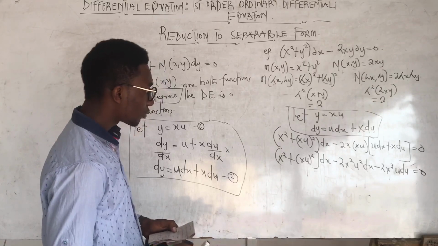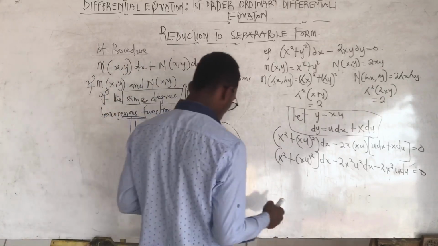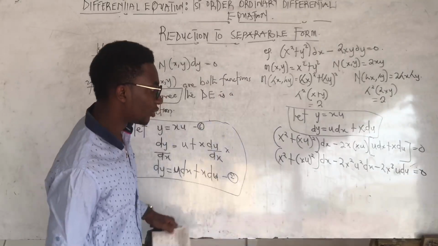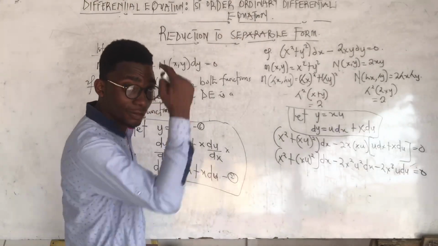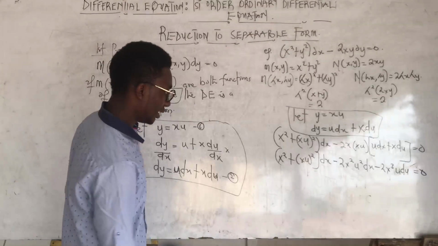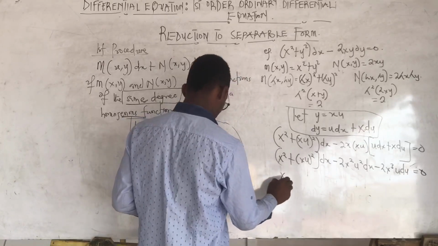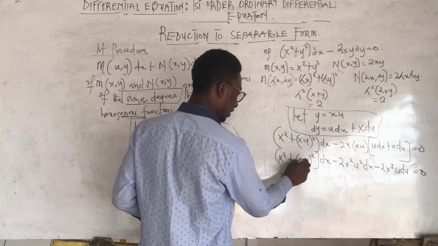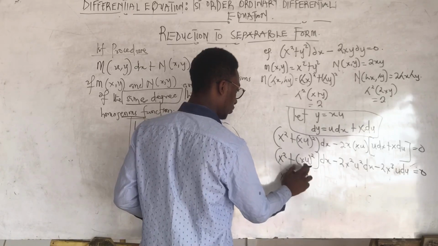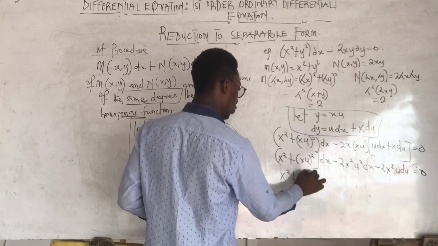Alright. Now let's take all the x to one part of the equation. Alright, so let's continue from where we just ended. So now what happens is that we can get x squared plus, let's expand this, x squared u squared.